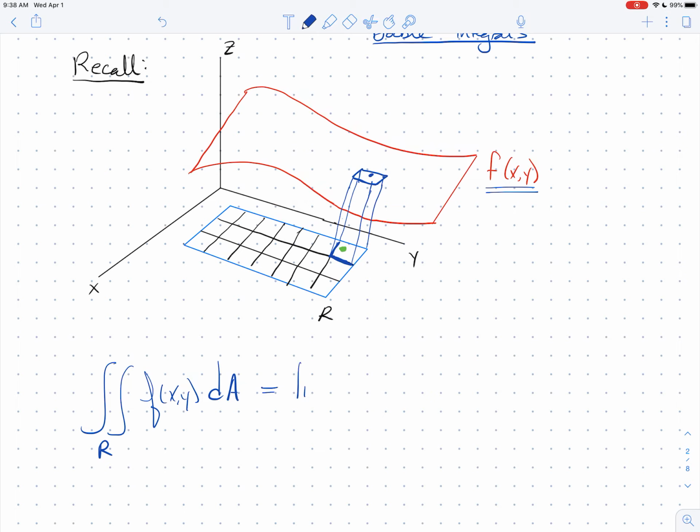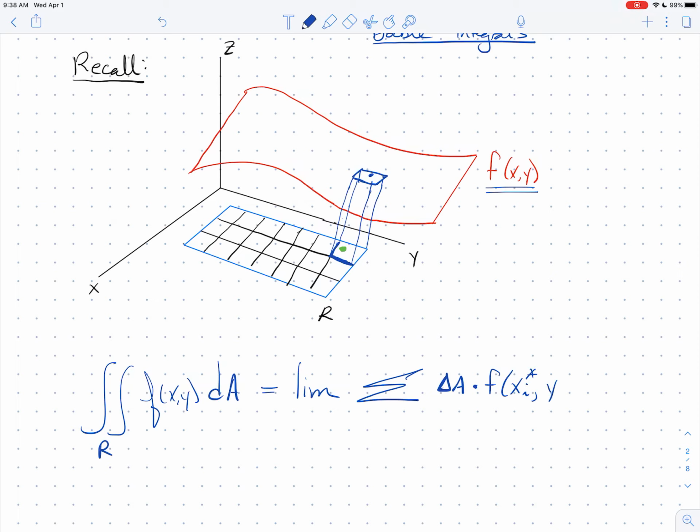And so double integrals, I'm going to write this loosely. It was a limit of a sum of these boxes where, for every box, you multiply by the area of the box, which we usually write delta A, and then you multiply by the height, which was our test point.